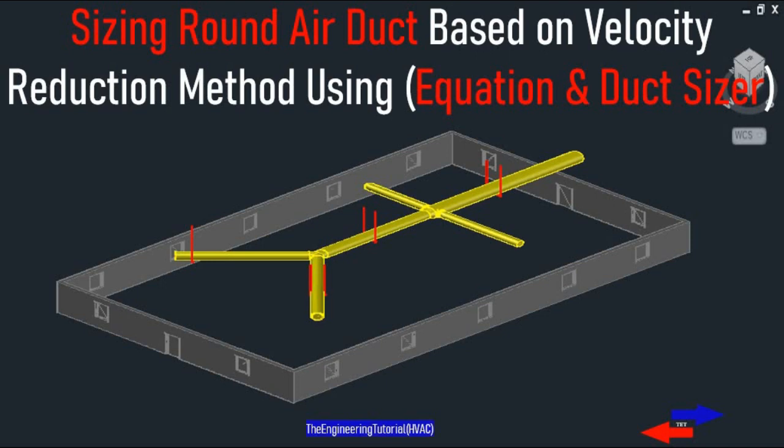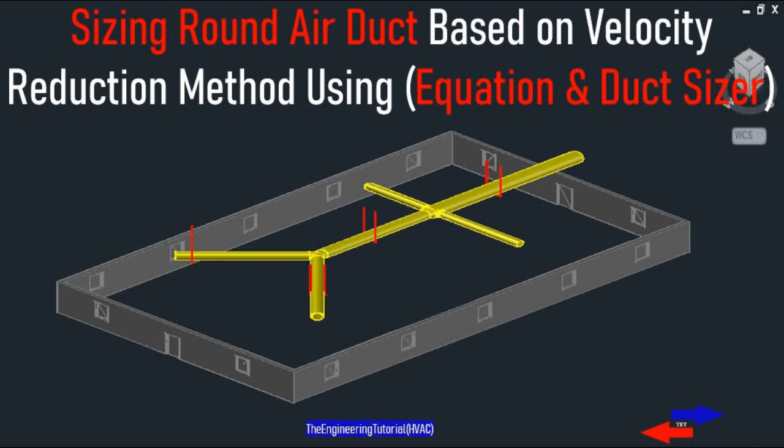When sizing air duct with this method, the velocities will remain constant for the entire system, and it will result in a lower friction loss value and larger duct size compared to the equal friction method.